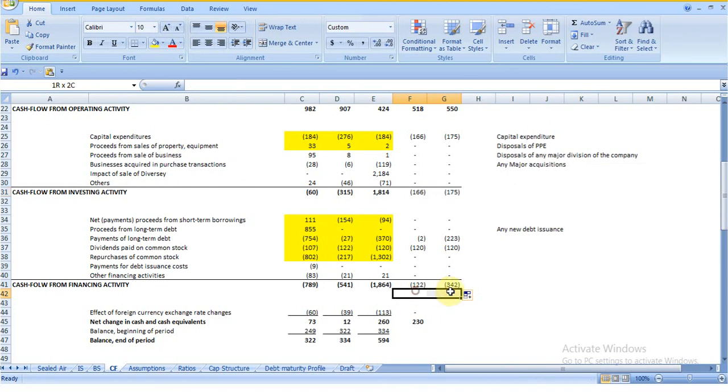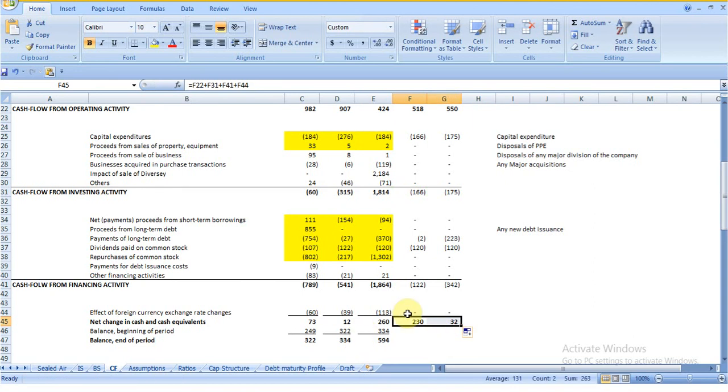Now I need to calculate the ending cash balance, which will directly go into the balance sheet. For that, the effect of foreign currency exchange, again I can safely assume it 0. I will calculate the net change in cash and cash equivalents. I'll just drag this formula.